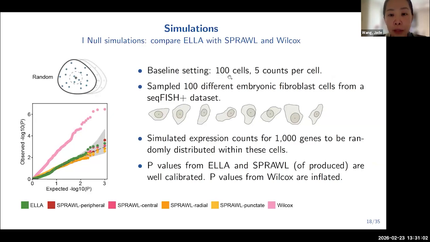We first did a null simulation where we generate gene expression randomly localized in real cells; the cell shapes are from real data, but the gene expression is generated by simulation. Our method, like most of the existing methods, has well-calibrated p-values under the null case.